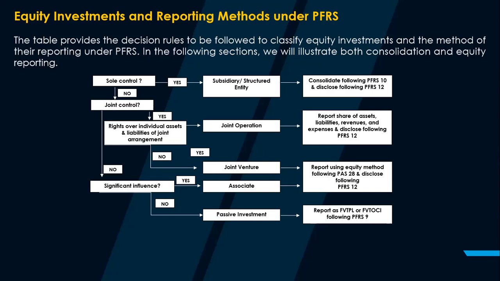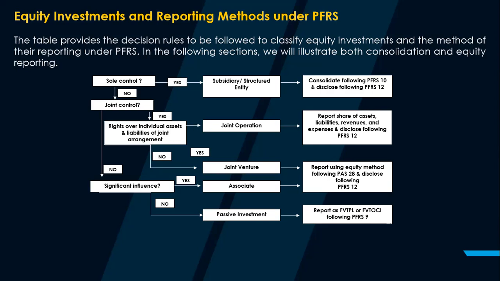If yes, then there will be a joint operation: report share of assets, liabilities, and revenues and expenses, and disclose following PFRS 12. If no, joint venture, report using the equity method following PAS 28 and disclose following PFRS 12.